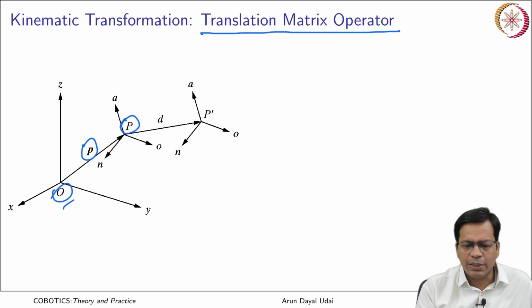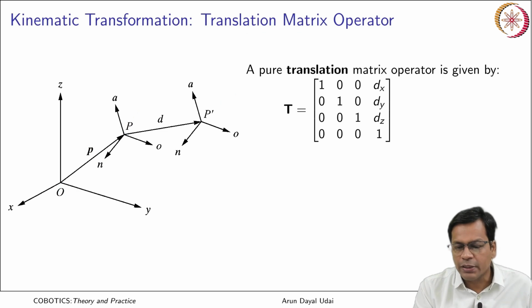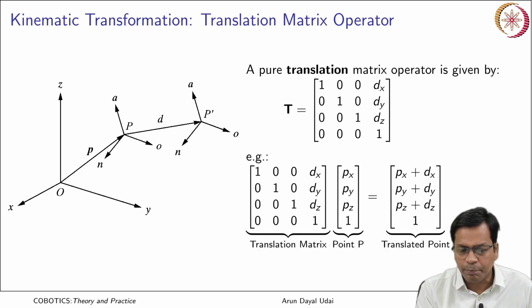I just want to translate this point from location P to P dash. So, the pure translation matrix operator is given as this, where you saw the last column of 3 elements is the translation, that is what we are desiring here. This operator, when applied to the point P, gives you the translated point P dash.